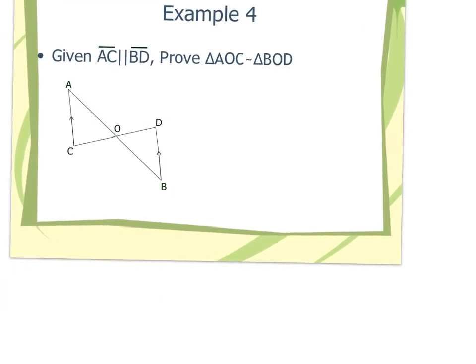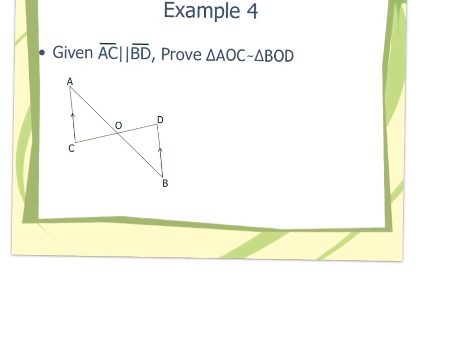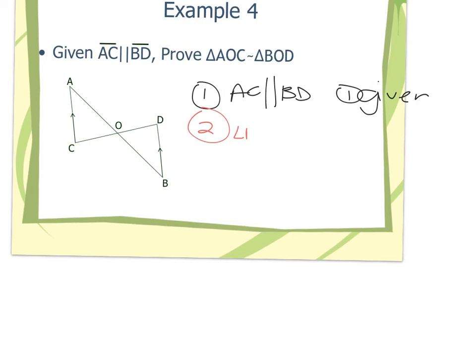So where would I start? With the given. So number 1 says AC is parallel to BD. Then what? I could do vertical angles. So state the obvious. Make it easy on yourself, which is angle AOC is congruent to angle DOB.